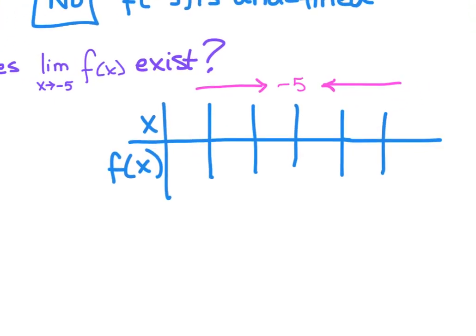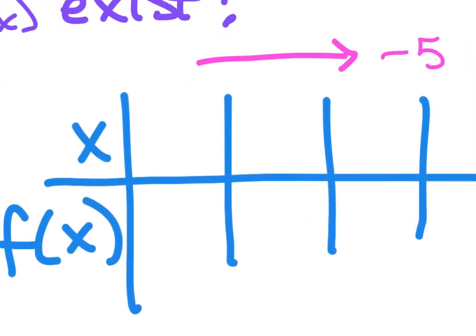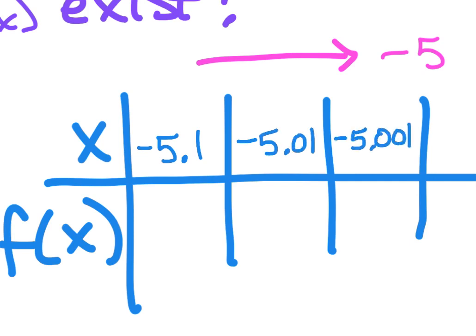And so remember that when you are filling in a table for values of a negative number, the numbers feel like they're going to be the reverse. And so this is going to be -5.1, -5.01, and -5.001.